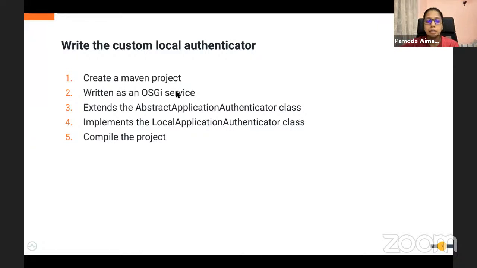The service should be implemented by extending the abstract application authenticator class. We also need to implement the local application authenticator interface so that our sample will inherit the functionalities of the base class. And then we need to compile the project.